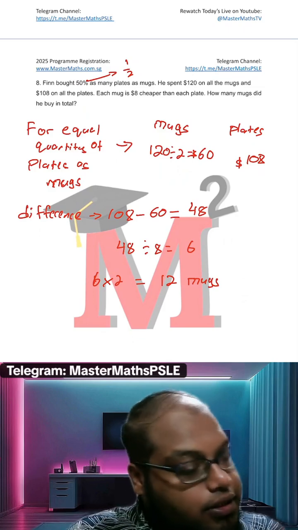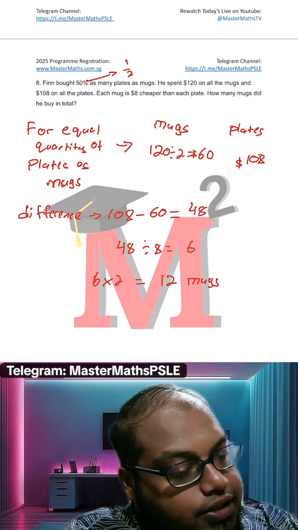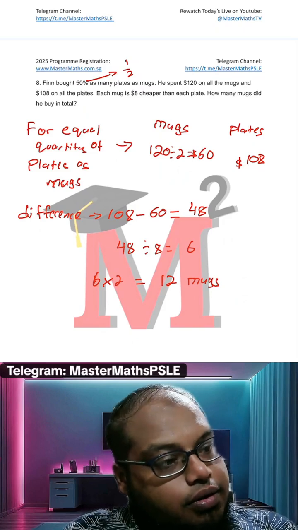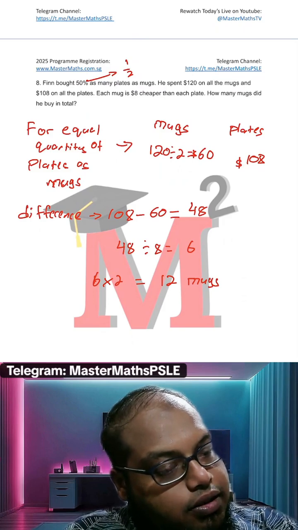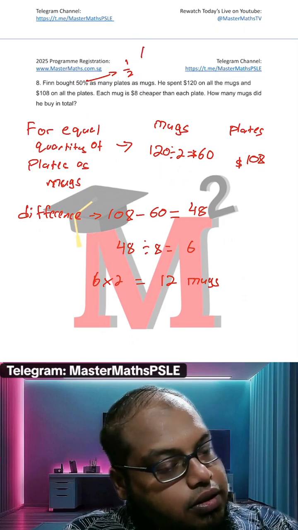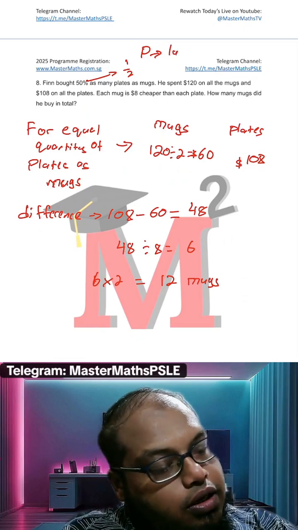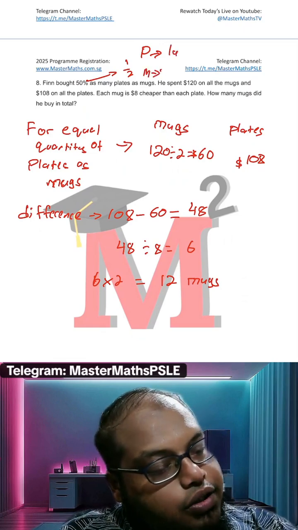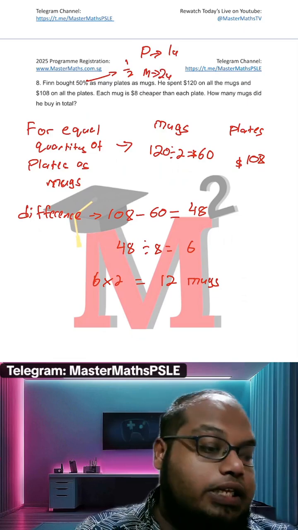That means it's like your plates is 1 unit and your marks is 2 units, or in a way your marks is twice as many as your plates.